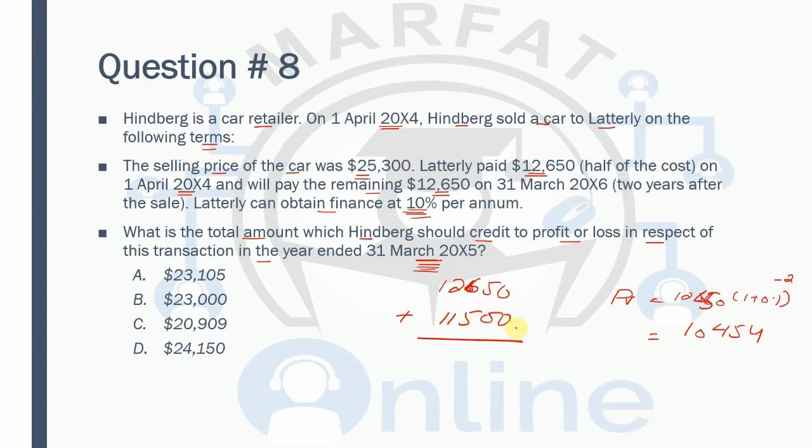So 12,650 plus 11,500 is 24,150. This is the option. Or the other way you can do it is to add 10% to it to do the unwinding, and then you will get a similar answer. So either you can take the 1 year discount factor, or you can do unwinding after the calculation of the present value. Both will give you the same answer.